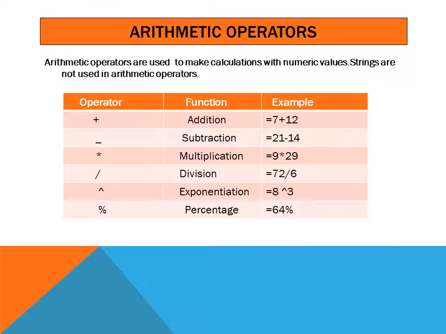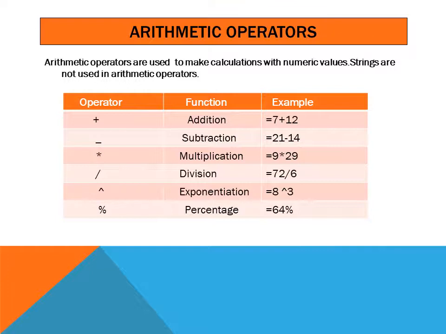So first we have addition, it will add the two values and give you the result, so that will give you 19. Then we have subtraction. Again, all of you are aware, subtraction is used for subtracting two values. Multiplication, for multiplying the numbers. Division, it would be dividing and giving you the desired answer.